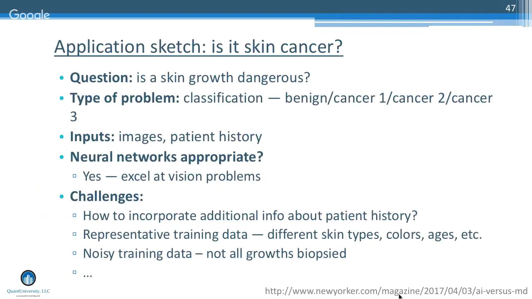Basic input is just an image, maybe multiple images. Less basic input is also things like family history of cancer and your own history of cancer and skin problems and whatever else that you might want to somehow fold into this. So would you use neural networks for this? Probably, right?